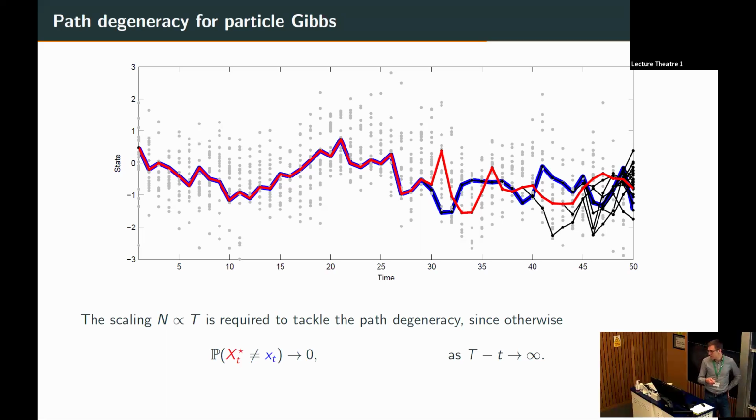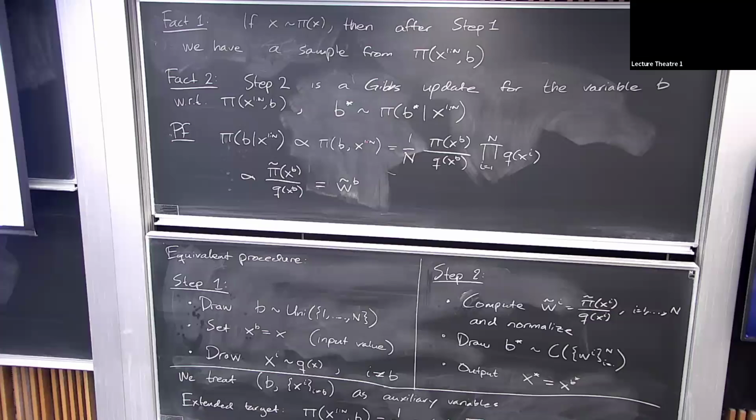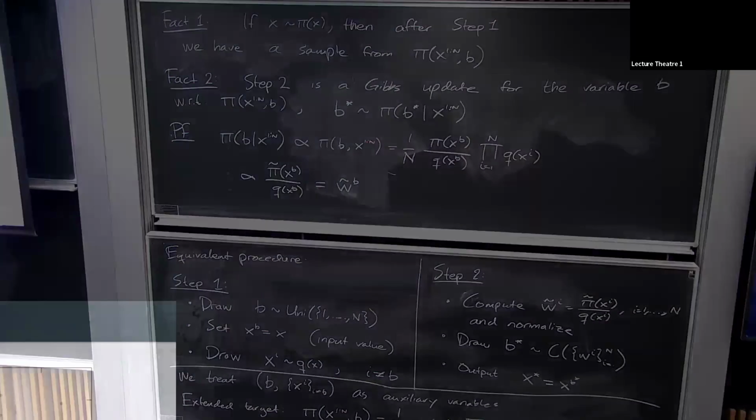And as you know by now, the particle filter has this path degeneracy issue that as you go back in time, if you start tracking the genealogy of the particles, they will start coalescing, and at some point they will have a common ancestor. That happens here. But in the conditional particle filter, there is only one possibility for what that common ancestor is, because we're injecting the reference trajectory here. So they will always coalesce with the reference trajectory at some point. If you go further back, you see that the red curve here is identical to the blue curve.